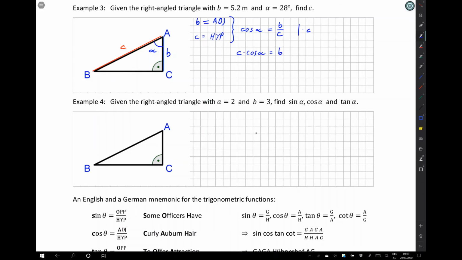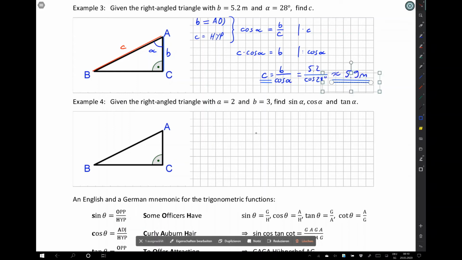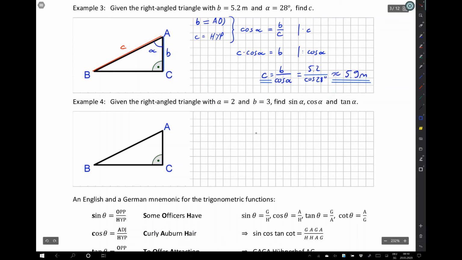So we get C times cosine of alpha is B. Now remember, cosine of alpha is just a number, so we divide by this number, we divide by cosine of alpha, and we get that C is B divided by cosine of alpha.